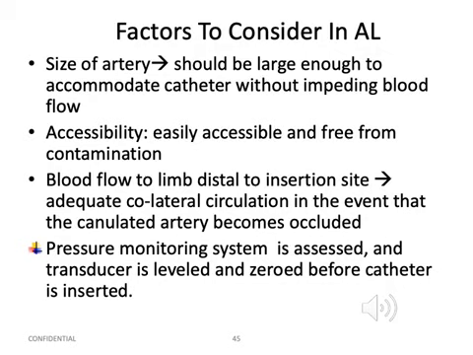The pressure monitoring system should be assessed, as we said, for transducer leveling and zeroing before the catheter is inserted, to have an optimized reading.